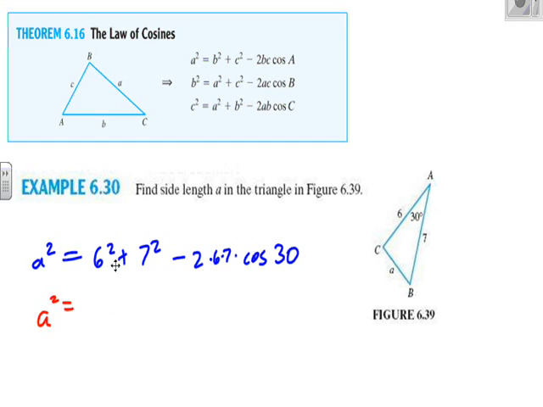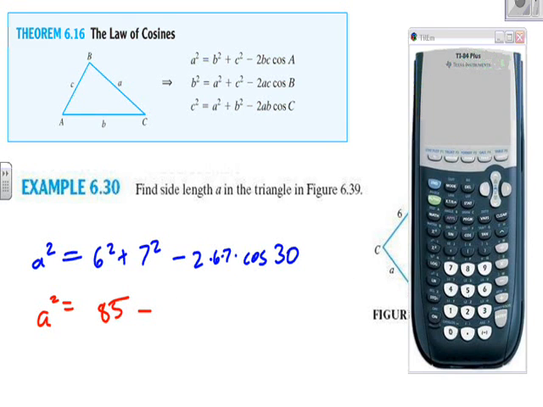So that's 36 plus 49, it's 85, minus 2 times 6 times 7 times cosine of 30.